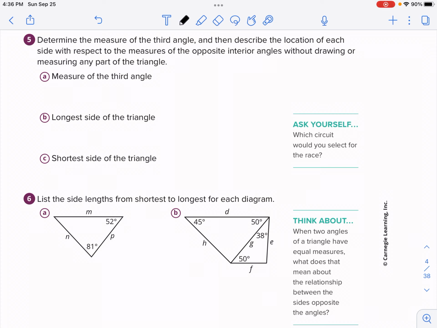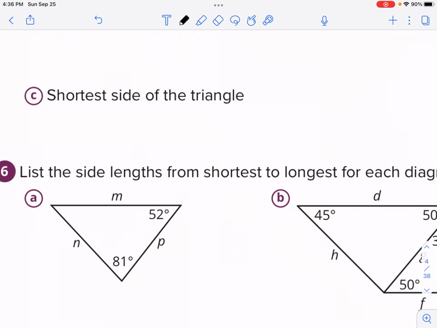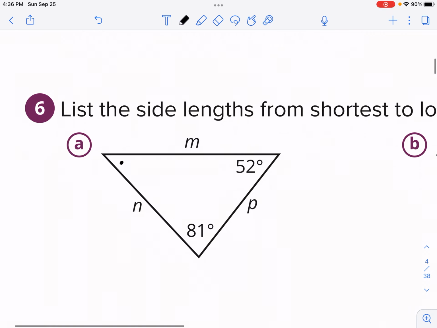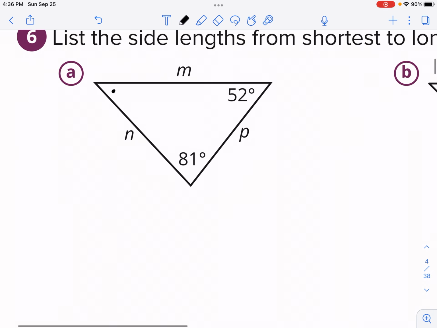Now for 6A, we have a diagram, but it's not quite complete, because we're missing one of these angles, right here. Earlier we talked about how the three angles in a triangle add up to 180. You're welcome to use a calculator, but let's do some scratch work here.